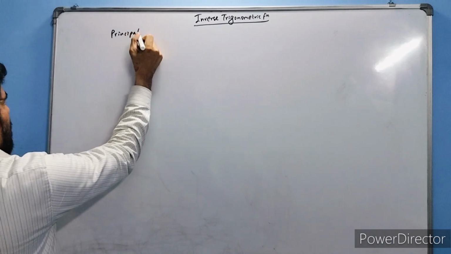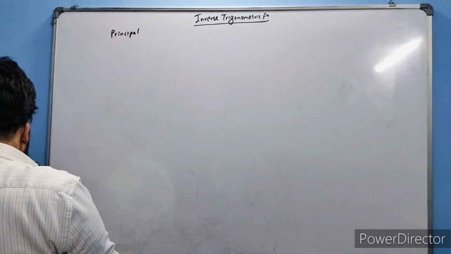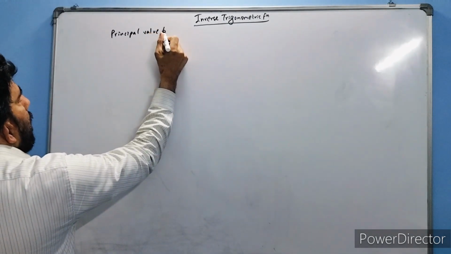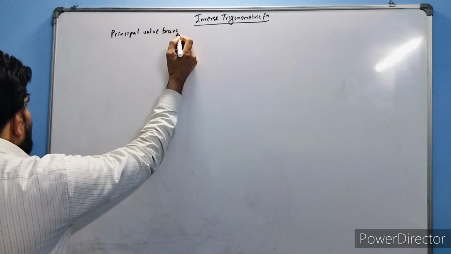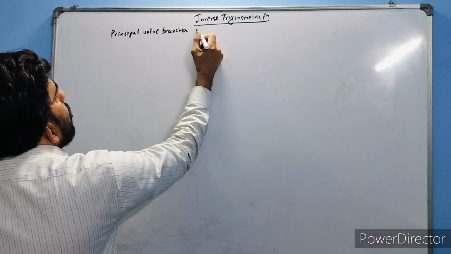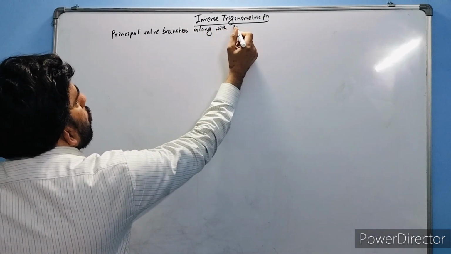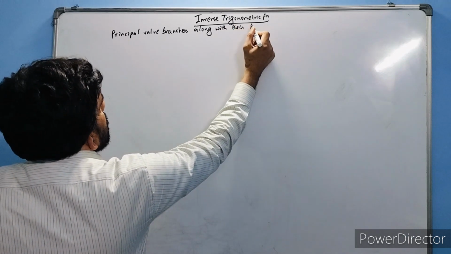Principal value branches along with their domain and ranges.